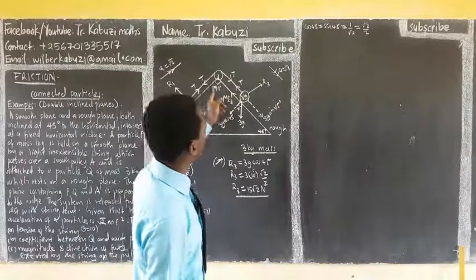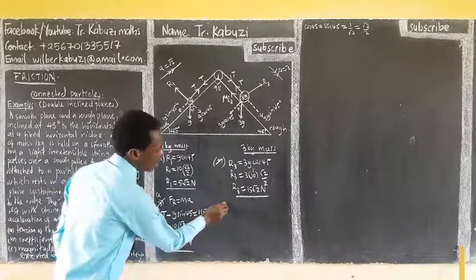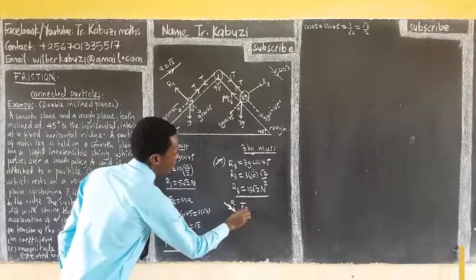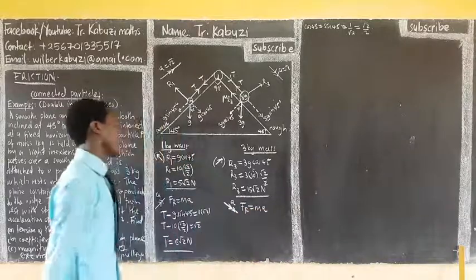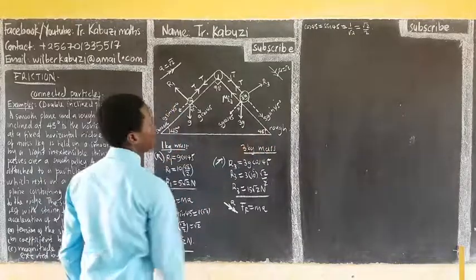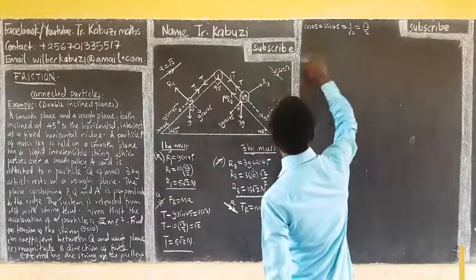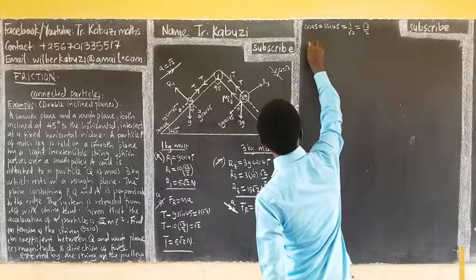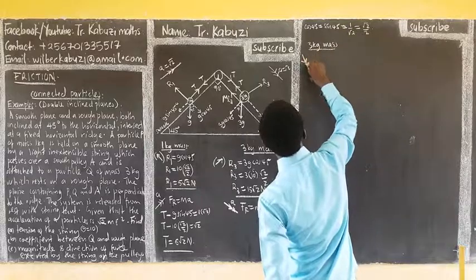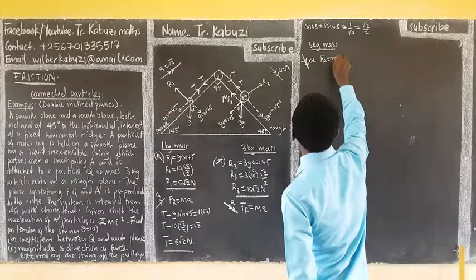Now, if we resolve along the direction of the acceleration there, our resultant is equal to ma. So our resultant is going to be taken here, on the 3 kilogram mass. If we resolve in this direction, because that's where our acceleration is, our resultant force will be equal to MA.